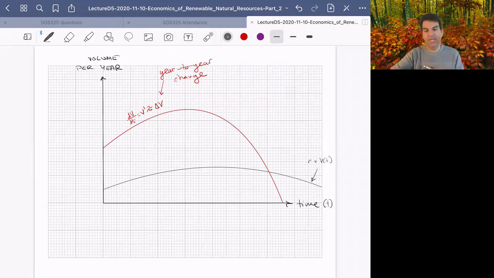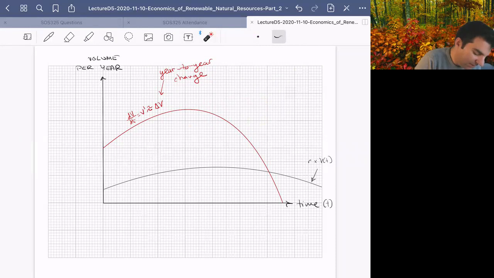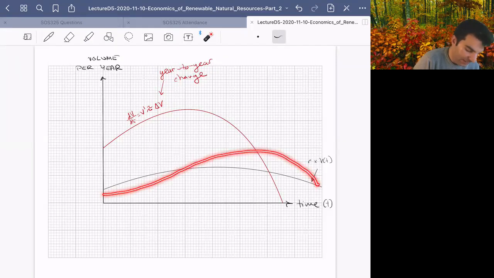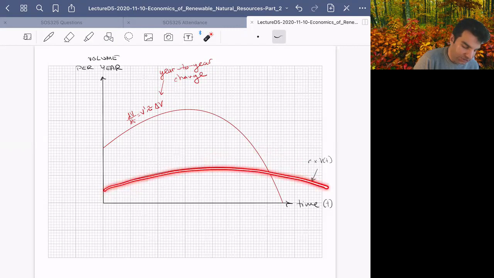So if you remember the shape of VT, I guess I could have drawn it more like the shape of VT. So it's just a scaled version of VT. So it probably would have been better for me to draw it looking something like it rises a little bit and then comes up and then falls. But that's basically just a basic shape here. It's just a scaled version of VT.